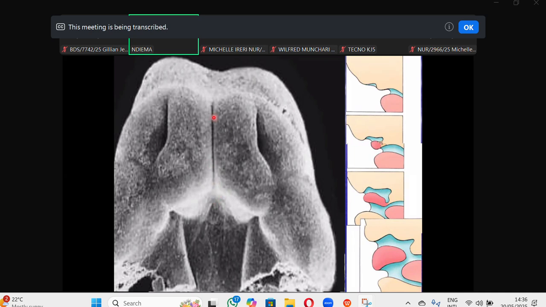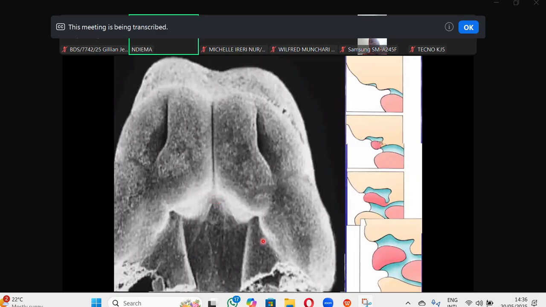So the philtrum, the upper lip, there'll be a cleft in the upper lip, which might also extend to the primary palate. The anterior part of the palate might have a cleft. So we have a cleft lip and a cleft palate.